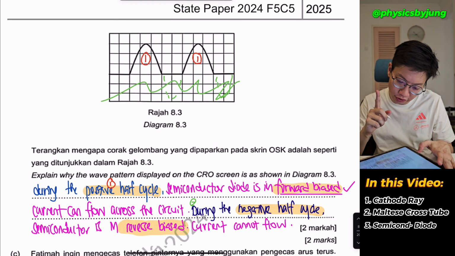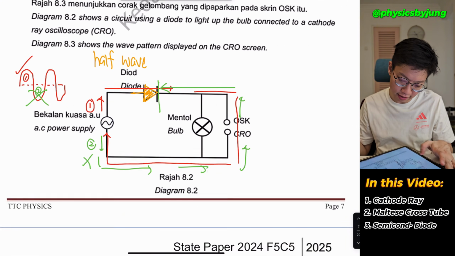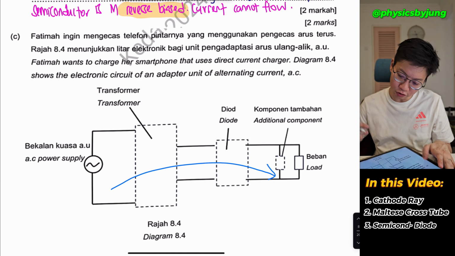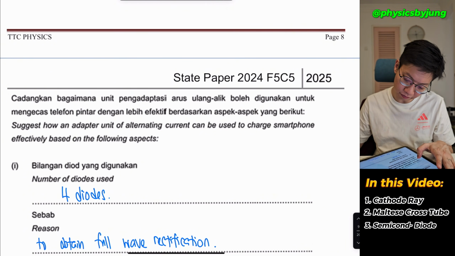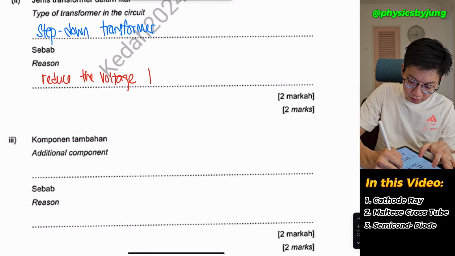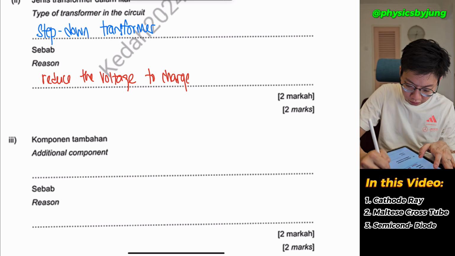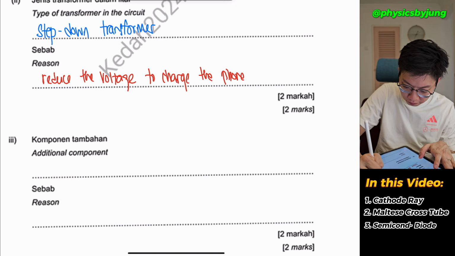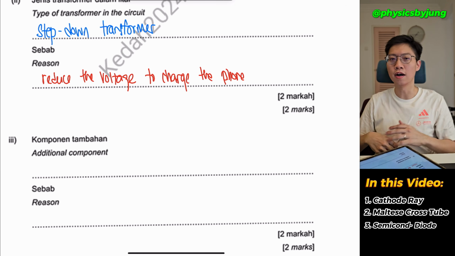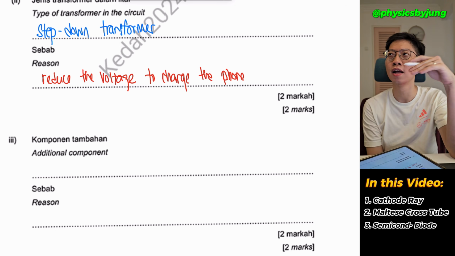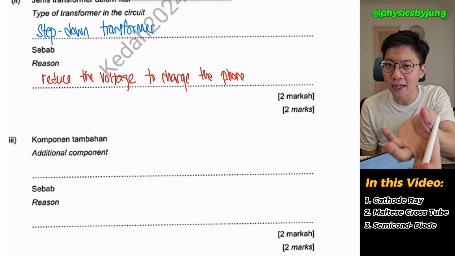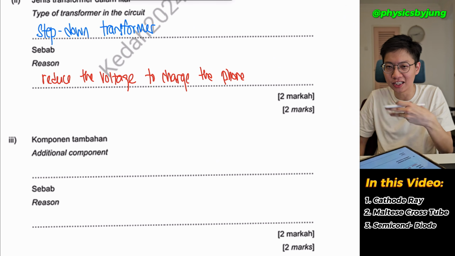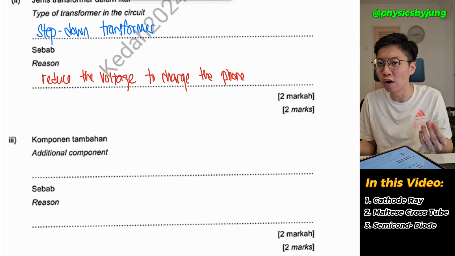Did they give you the initial value? Let me see. Tada, tak bagi langsung. To reduce the voltage to charge the phone. Okay, so therefore that's it. Definitely it's a step down transformer because no charger that I know of uses more than 240 volts.